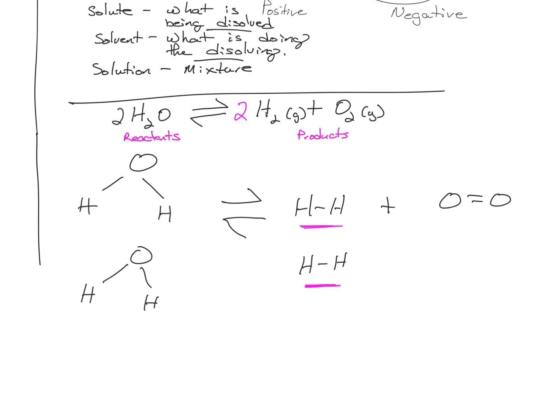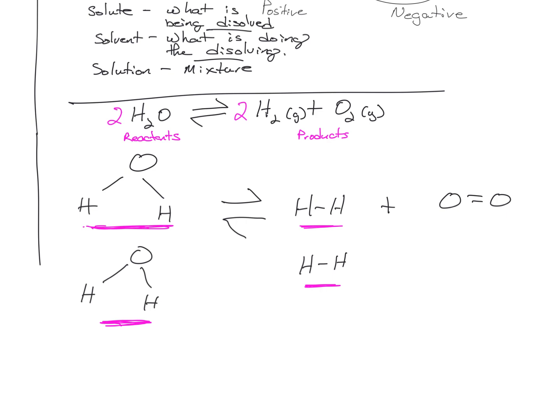When you see this coefficient here, this 2, that means I have 2 water molecules. 1 water molecule, 2 water molecules. And when there is no coefficient in front of it, notice there's nothing in front of this, that means there's only 1.